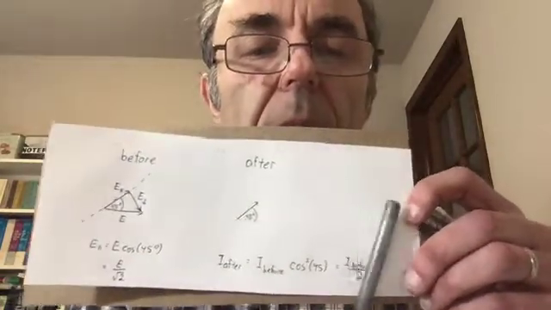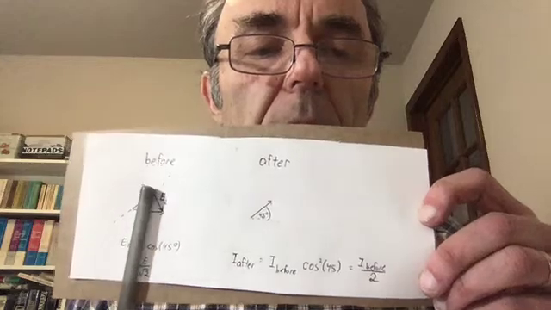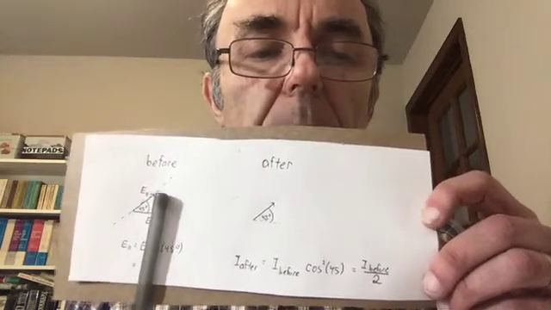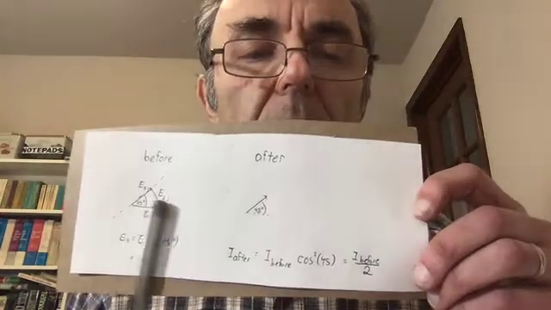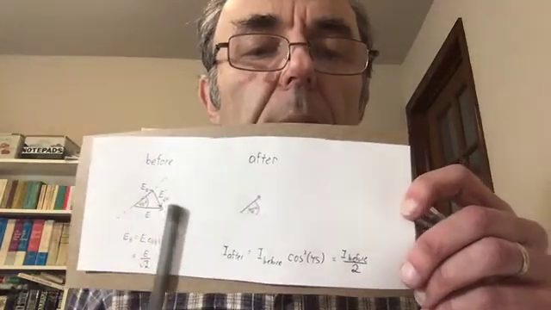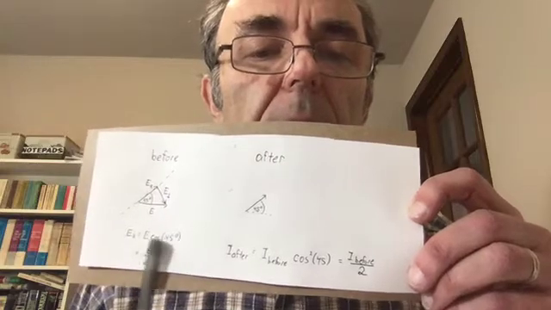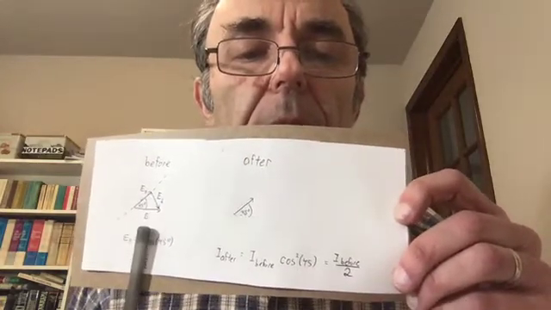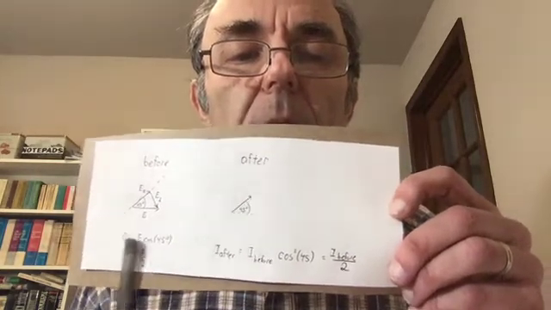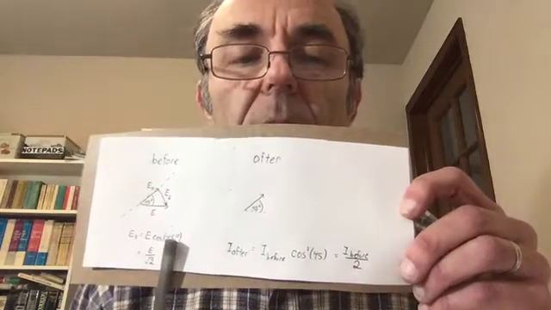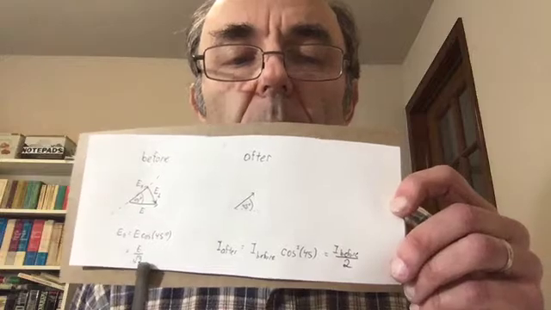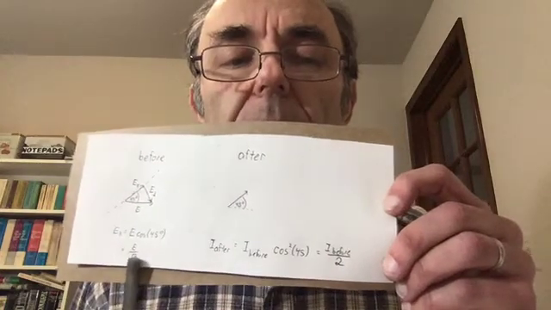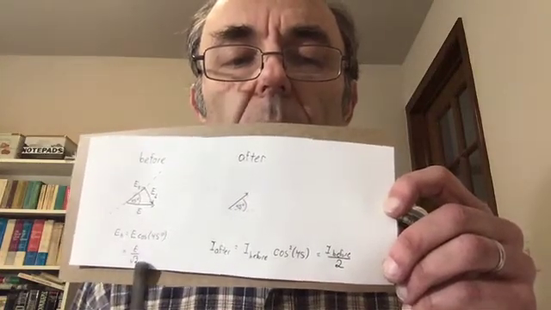So now you have two components, a parallel component and a perpendicular component. This angle is 45 degrees, that's 90 degrees, it's a little triangle. You can write that the parallel component is E, the hypotenuse, the original electric field, times cosine of theta, in this case cosine of 45. Cosine of 45 is 1 over square root of 2. So the electric field strength is E over square root of 2.